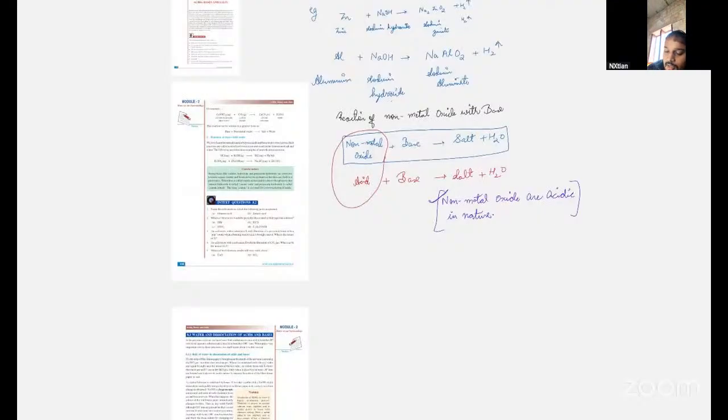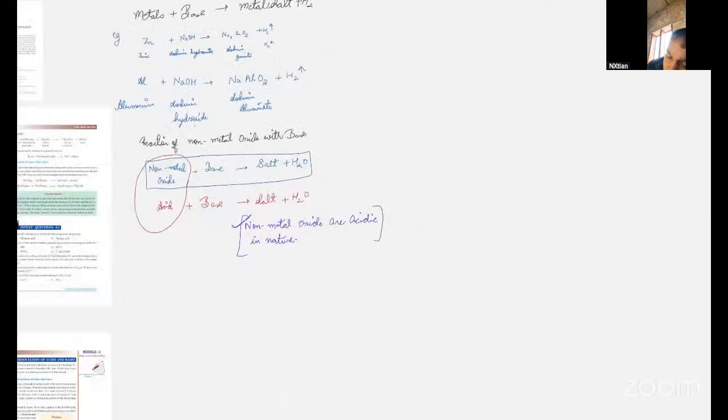Okay. So now, for example, if I take CO2 plus NaOH. CO2 is carbon dioxide, and NaOH is called sodium hydroxide.